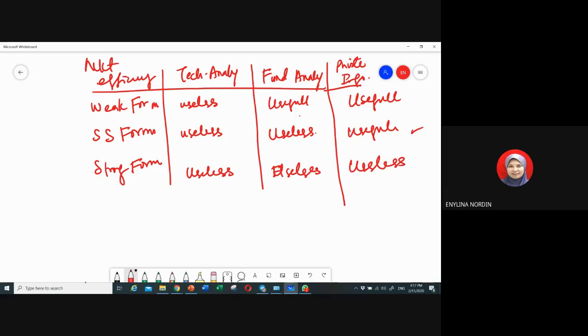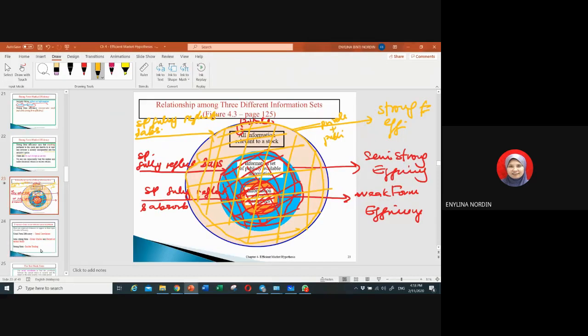Because all information in the technical analysis, all information in the fundamental analysis, and all private information are already incorporated into the share price, right? So therefore, this is the conclusion: the usefulness of technical analysis, fundamental analysis, and private information to the investors in different types of market efficiency.